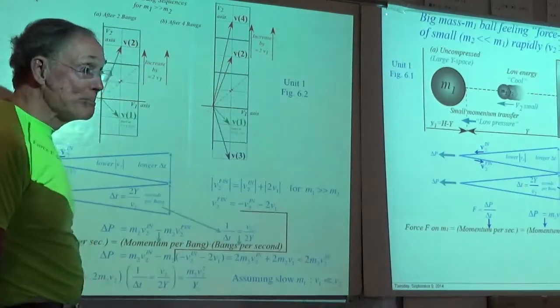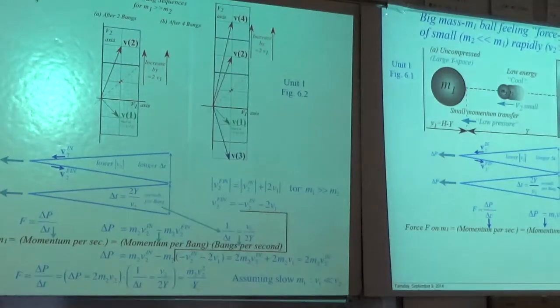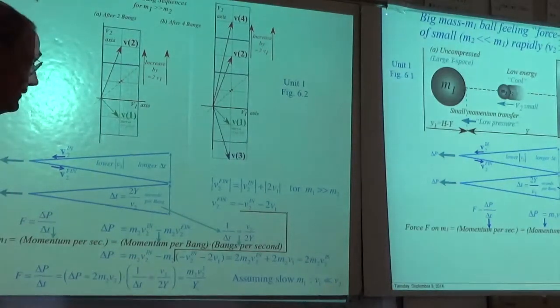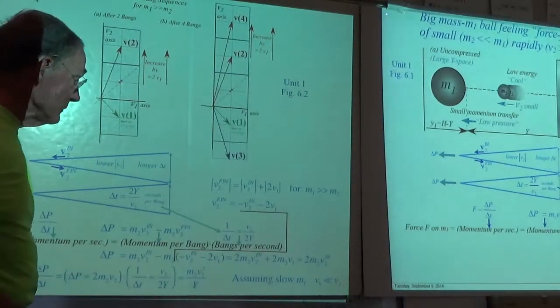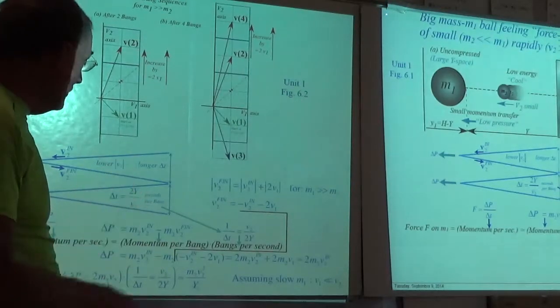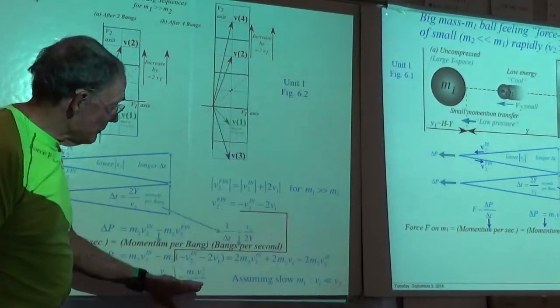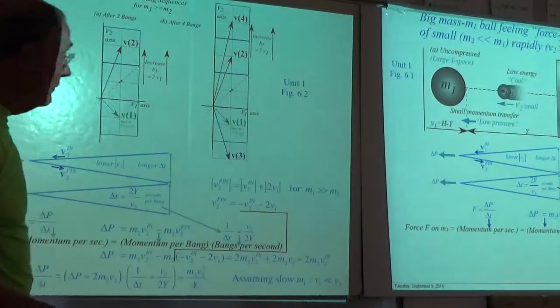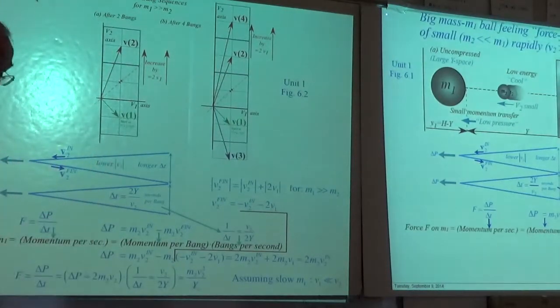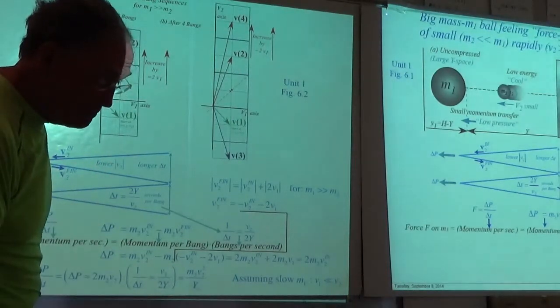So it's 2 times the kinetic energy of m2 that is the coefficient of a force law that depends on the coordinate, the big coordinate of the big mass.